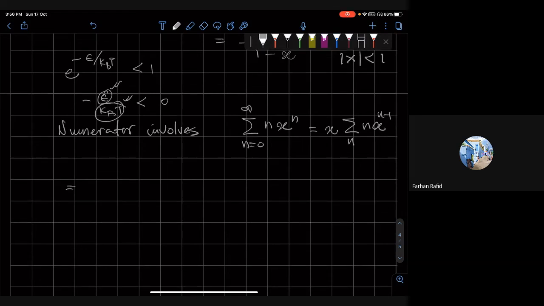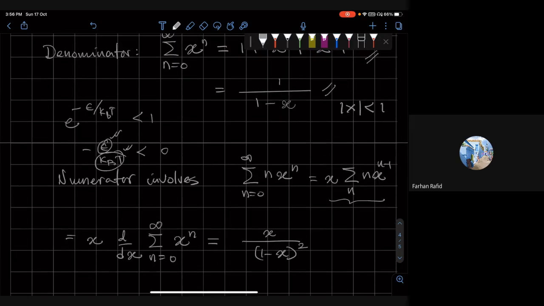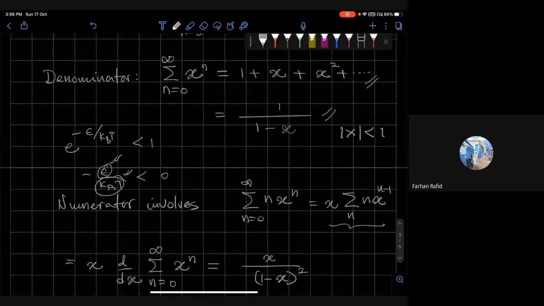Okay, so now if you come back to this, we can write this as x times the derivative with respect to x of the denominator. So when we evaluate this, this just becomes x divided by 1 minus x whole squared. Okay, we're just using this result.